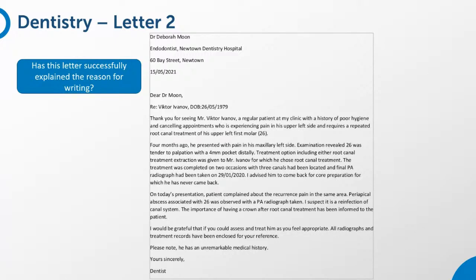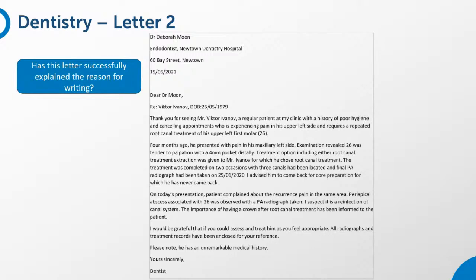What do you think? Does this letter clearly explain why the endodontist is receiving the letter? Or would the reader feel some confusion?